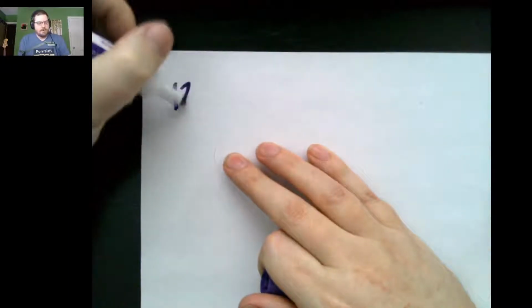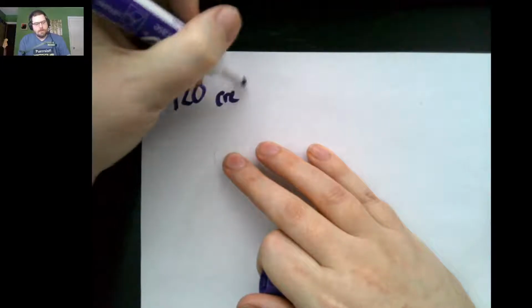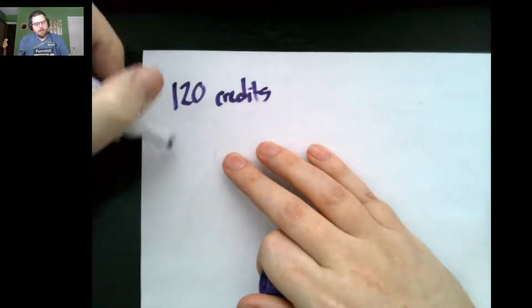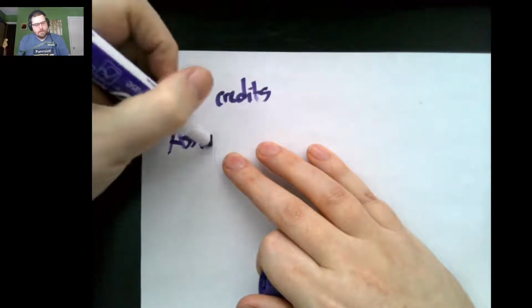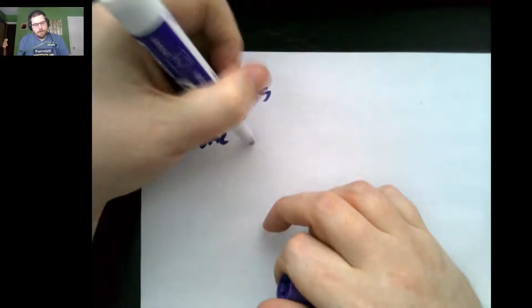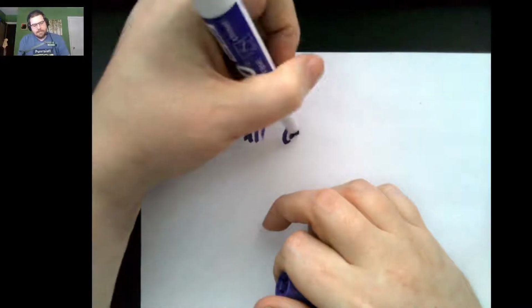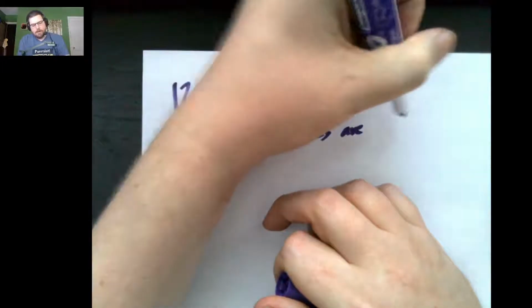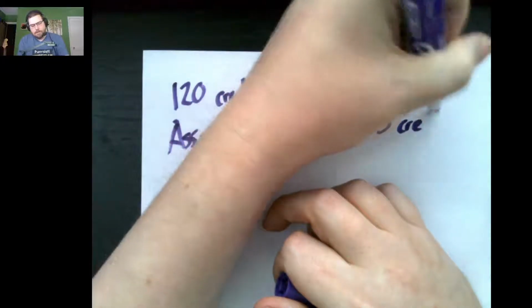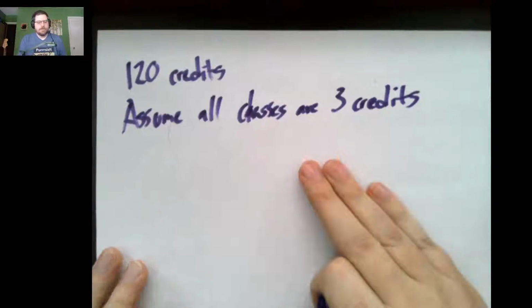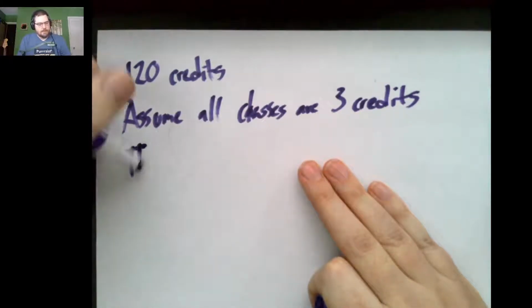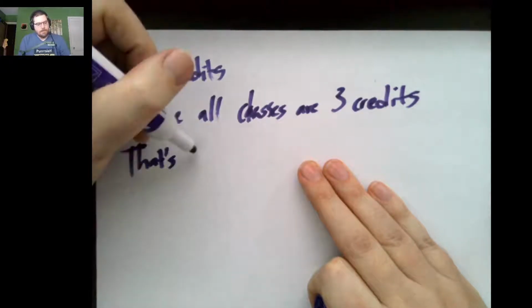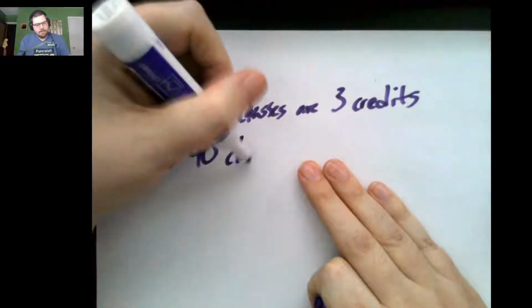So we need 120 credits to graduate. We're going to assume all classes are 3 credits. Okay, so 120 credits at 3 credits per class, that's 40 classes.